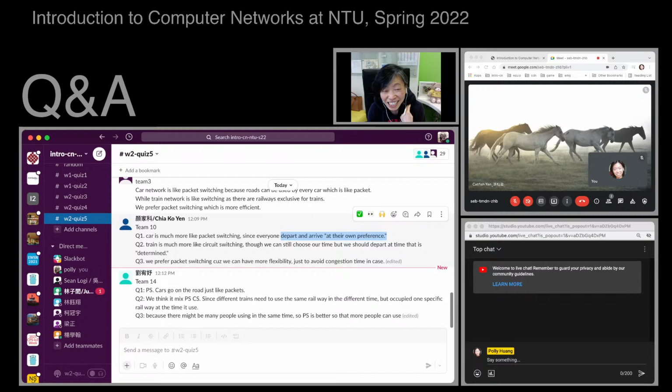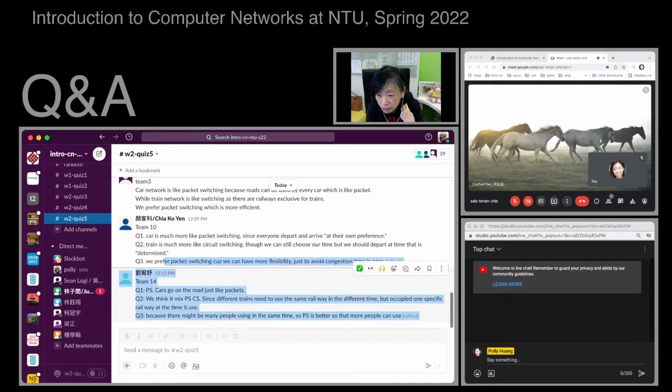Each car, even though they go to the same destination, can go through different routes. But in a circuit switched network, once you establish the connection, every train goes on that same route. Train circuit switching can be chosen by time. Yes, it's deterministic. We prefer packet switching because of flexibility, and there might be things we can do to avoid congestion. Good thinking.